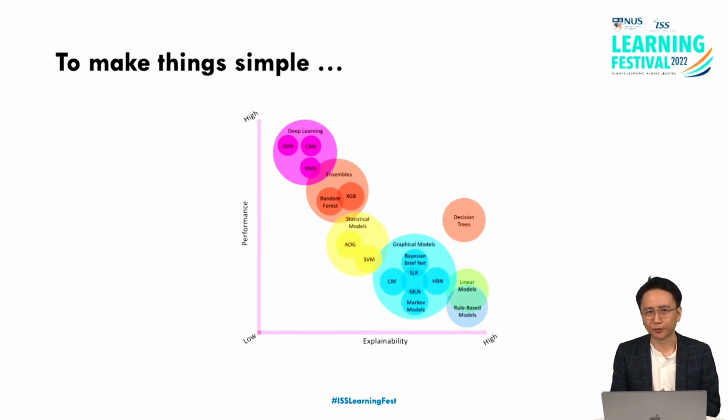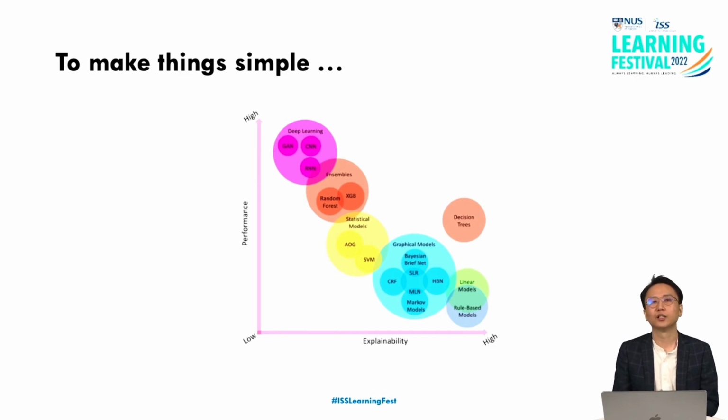On the other hand, methods under the umbrella of deep learning, which is in the pink circle, have the highest performance, but suffer greatly in terms of explainability.